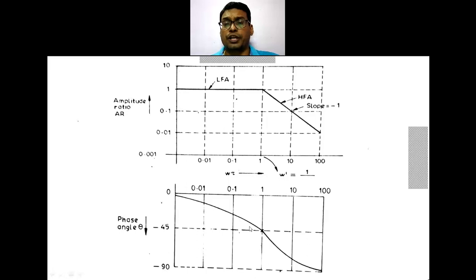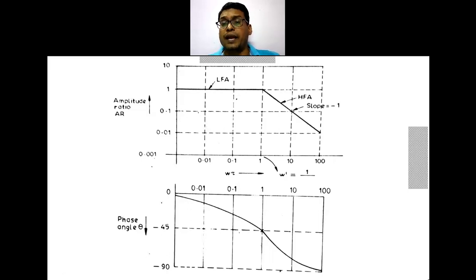Again, on the x-axis is omega tau on the log graph paper, and the phase angle values are 0, minus 45, minus 90, then on the upper side plus 45, 90, 135, 180. It will be like that.